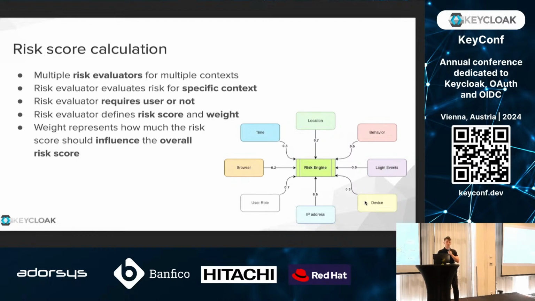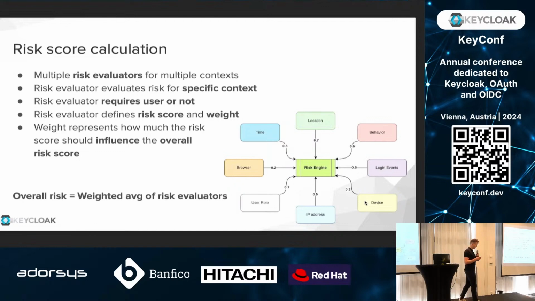It's configurable by the administrator. Right now, the overall risk is equal to the weighted average of risk evaluators. But as the POC uses the Keycloak SPI, you can create your own user context, risk evaluators, and also the risk engine, and you can do whatever you want with that, right?